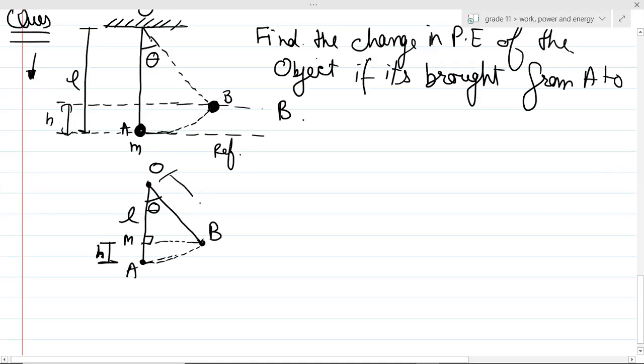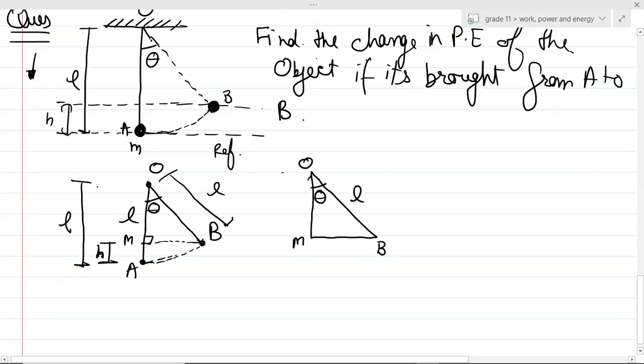What is this OB? This will be L. So can you see one triangle getting formed, triangle OMB. This will be theta, this will be L, and if this whole thing was L, this will be L minus h.